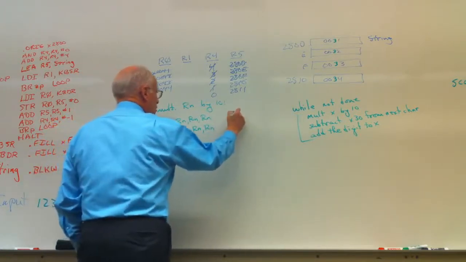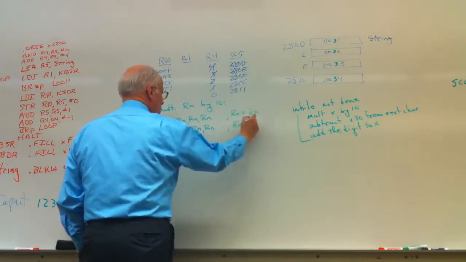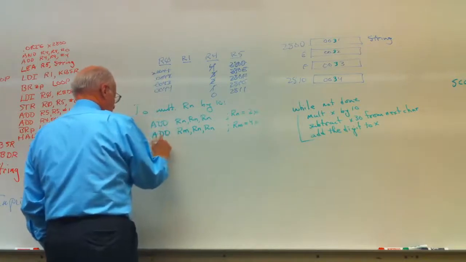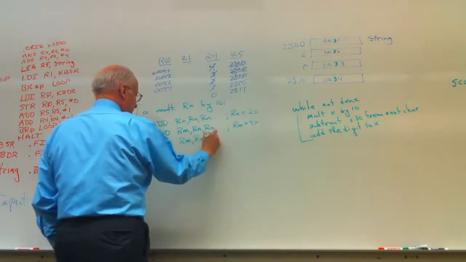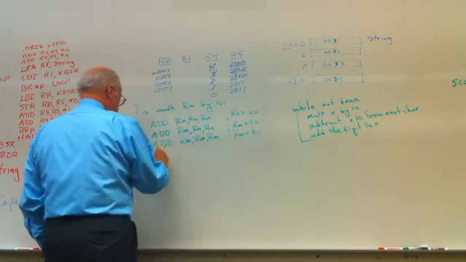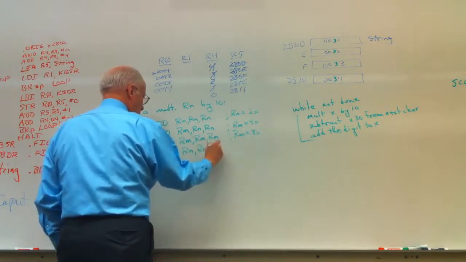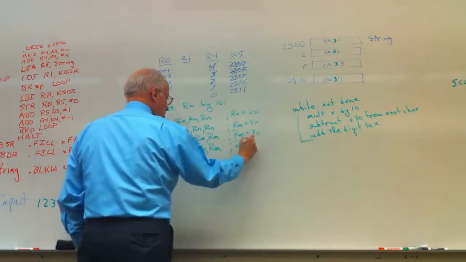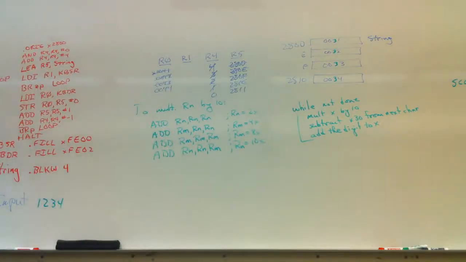This gives us register n equals 2x. This would give us register m is 4x. And then we add it again. Register m is now 8x. And now you can add, register n is now 10x. Taking 8 times a number plus 2 times the number, you get it.